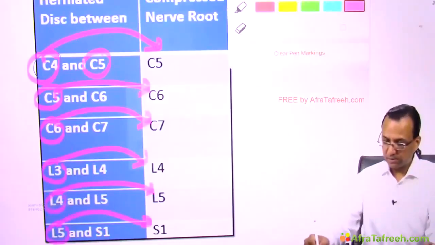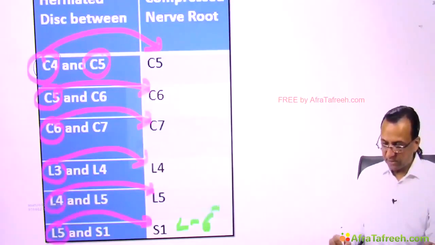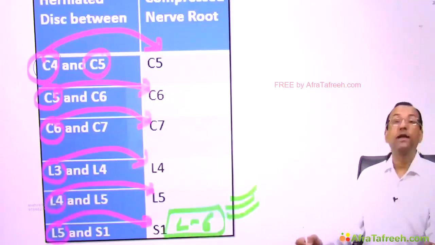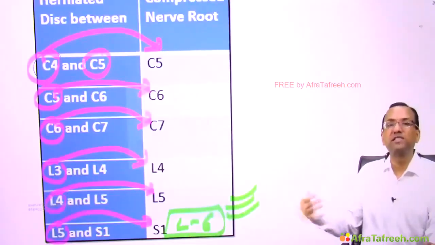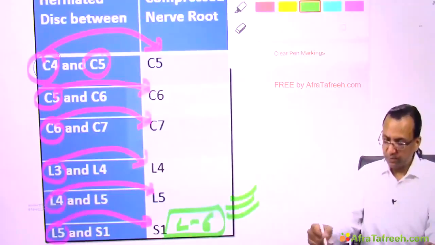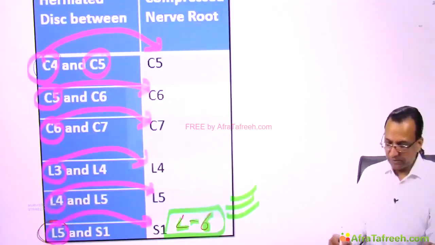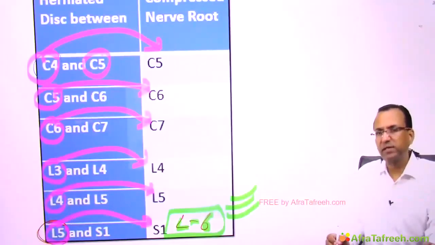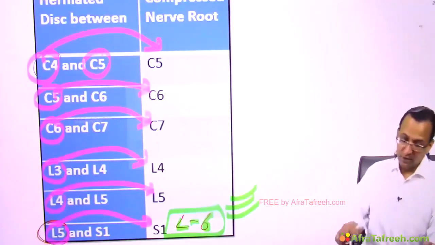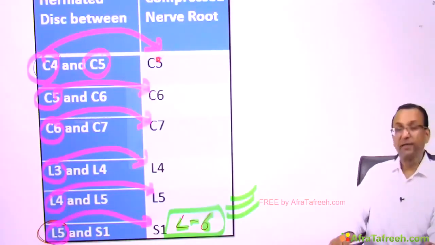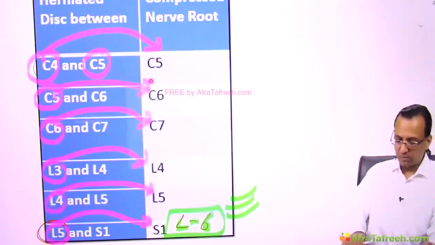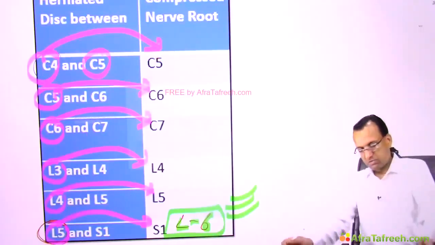Yes, it is L6, but do you have any L6 root? Plus 1 means the next nerve. There is no L6 nerve. So C4 plus 1, C5 is involved. Yes, that's good.